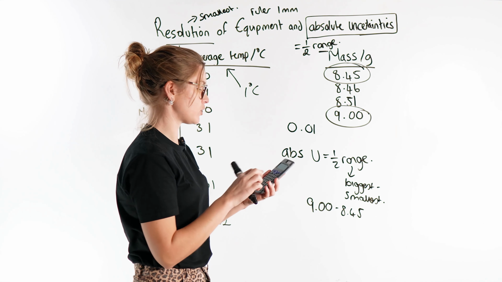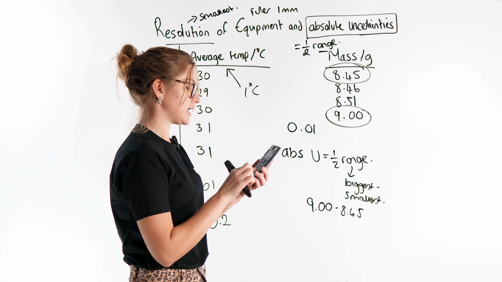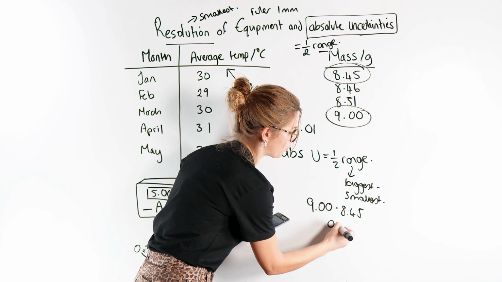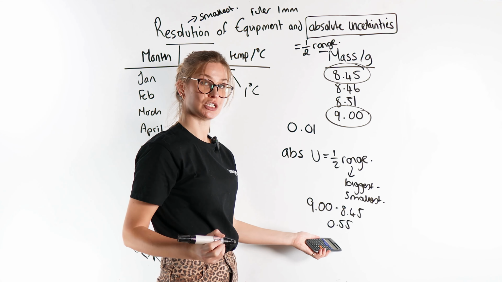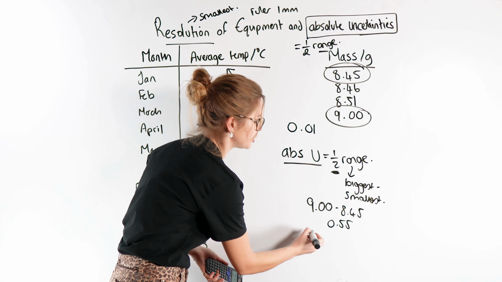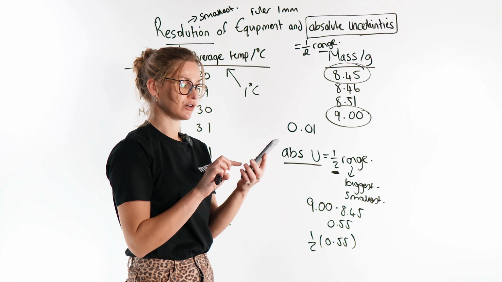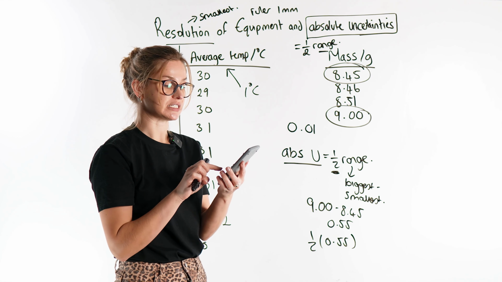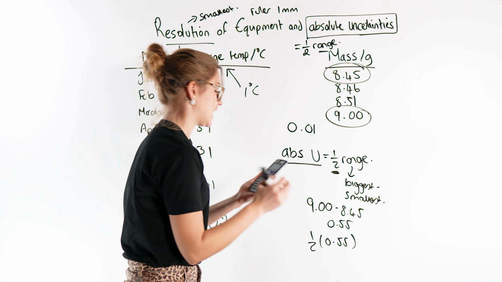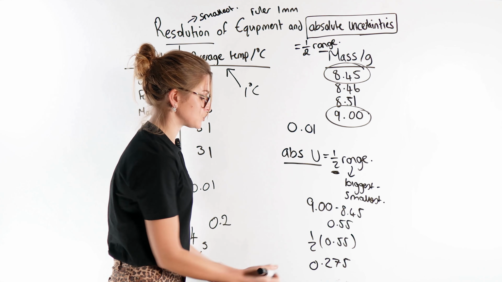In your calculator, you're doing 9.00 take away 8.45, and you get 0.55. So that's my range. Now to find the absolute uncertainty, I need to take half of the range. So we're taking a half of 0.55. I do 0.55 divided by 2, and you get 0.275. So that's my absolute uncertainty, right?